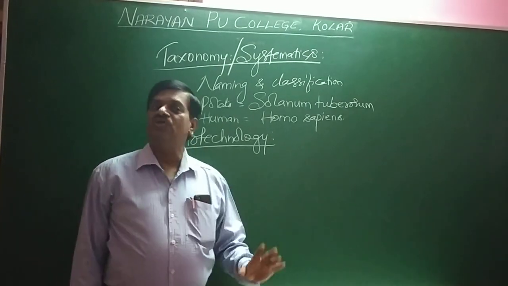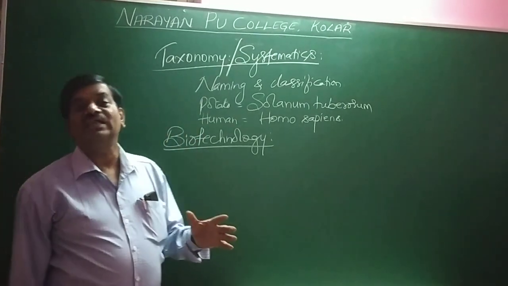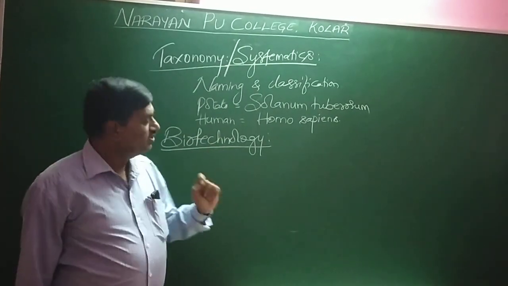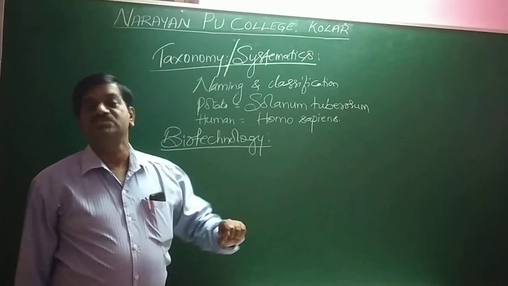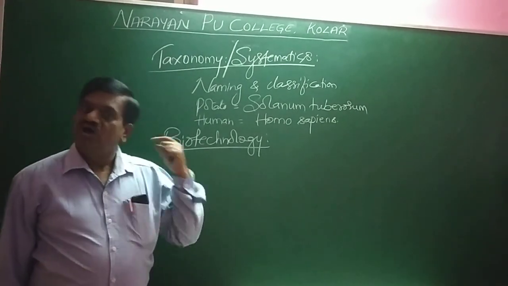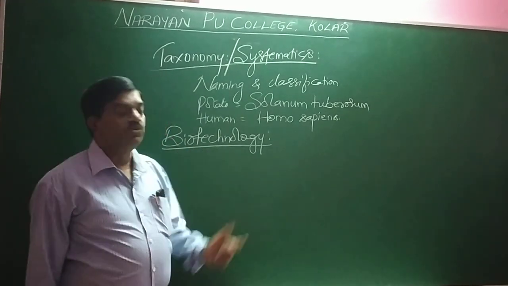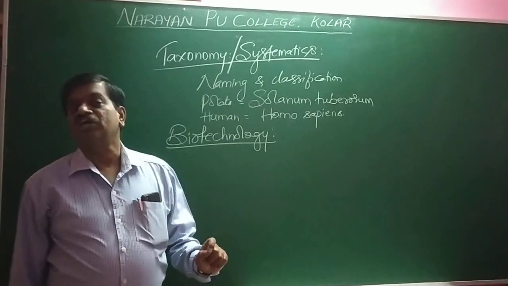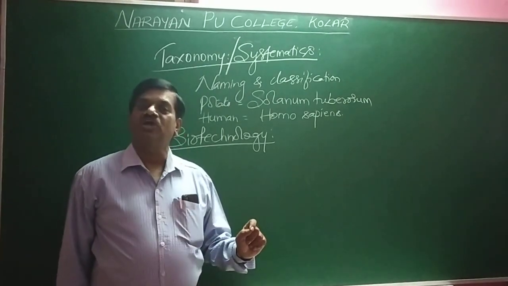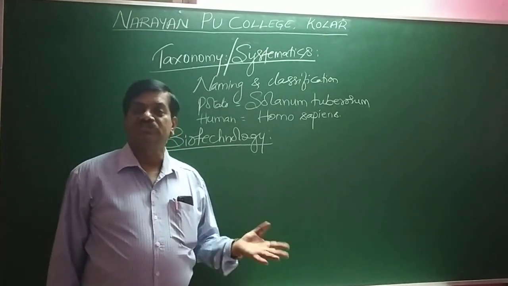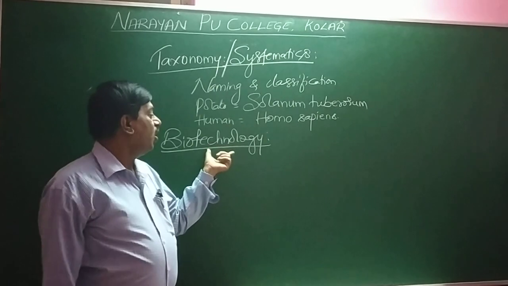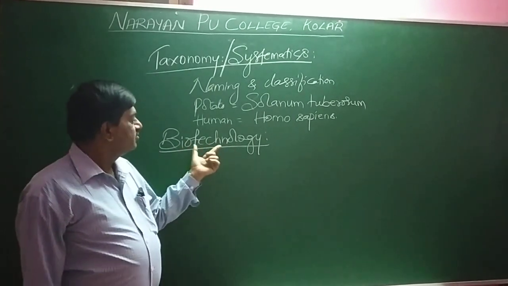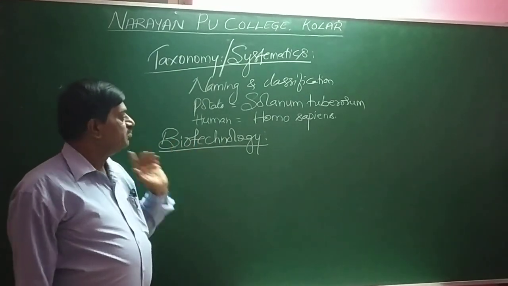So, for the welfare of an organism, we use some technical aspects, and that technology is called biotechnology. Any sort of diseases, plant diseases or animal diseases, can be cured with biotechnology. Or food production or nutrition production or any other production can be increased on a large scale by using biotechnology. So this technique is called biotechnology.